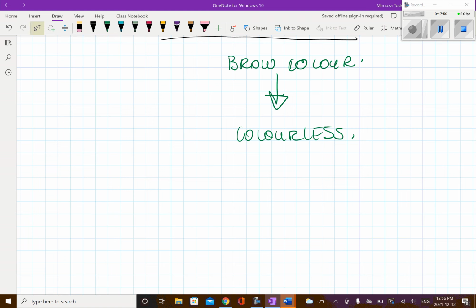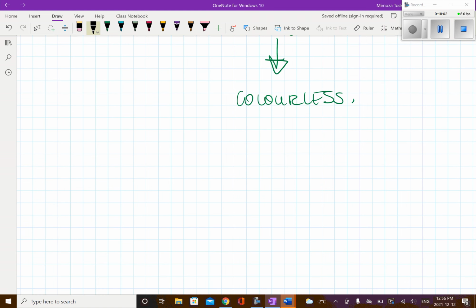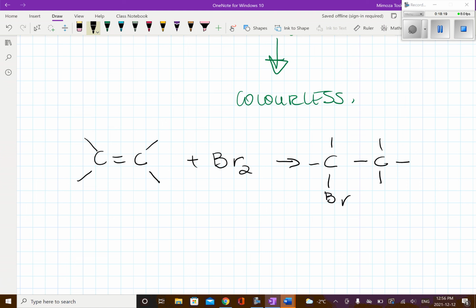So if we have, let's say, ethene, C2H4, reacting with bromine, then one of the double bonds is broken, and we will have bromine here and here where the bonds are broken.